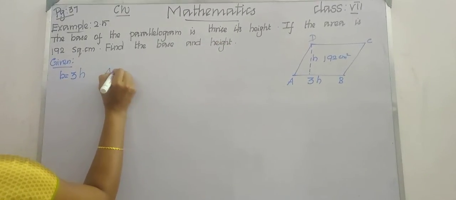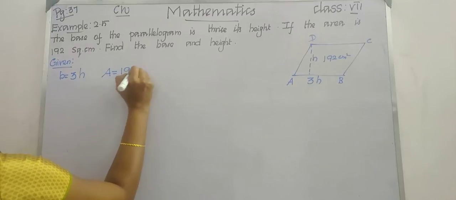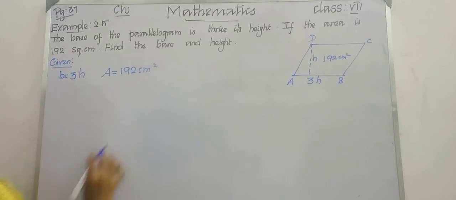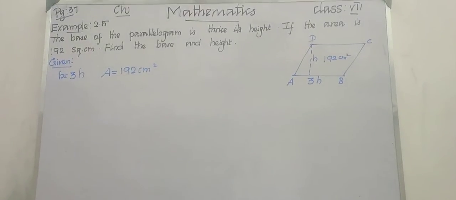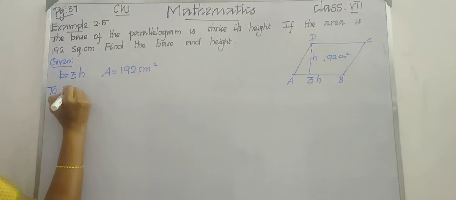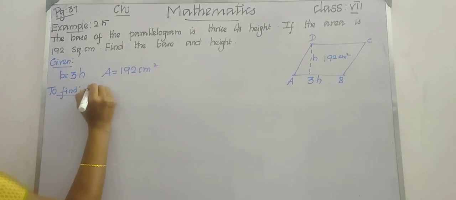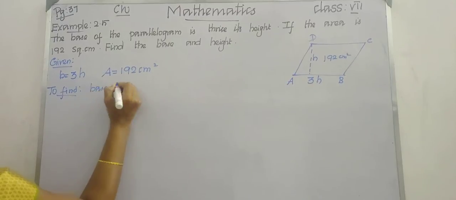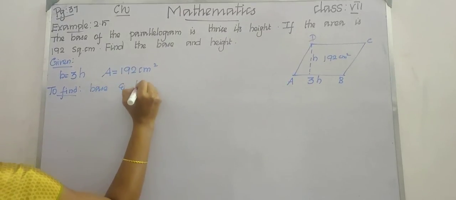So area equal to 192 centimeter square. Okay children, now what we need to find? We need to find the base and height. To find: base and height.